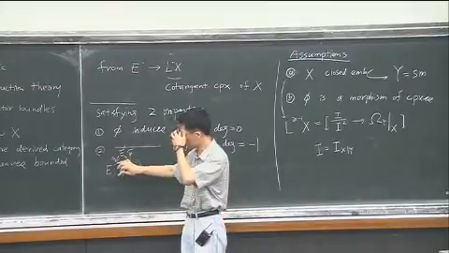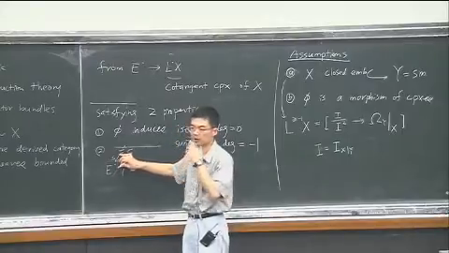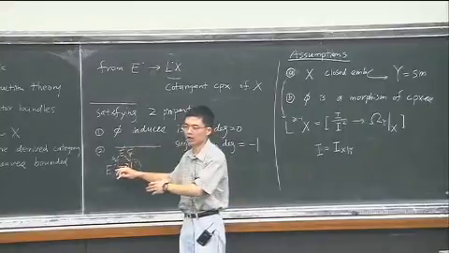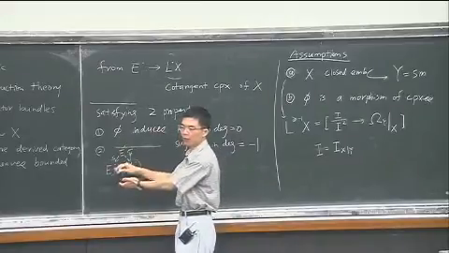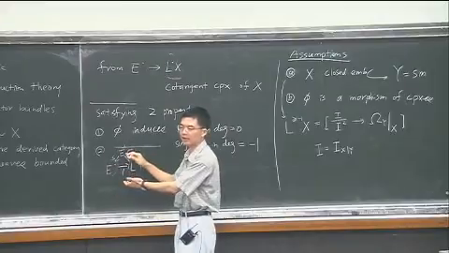S will be a quasi-isomorphism, which just means it is a morphism of complexes which induces isomorphism on the cohomologies. So you first replace that complex with another complex with exactly the same cohomology groups.